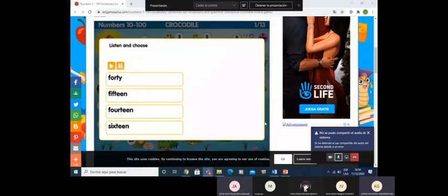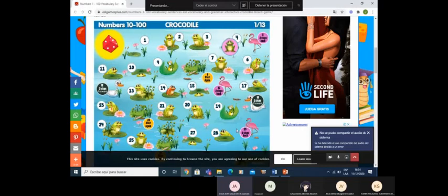Can you hear the pronunciation? No. Okay, here is a problem, but here it's saying 14. It's asking for the number 14, and we have to choose the correct spelling of the number 14. When we choose it, it marks good, and we have to continue.